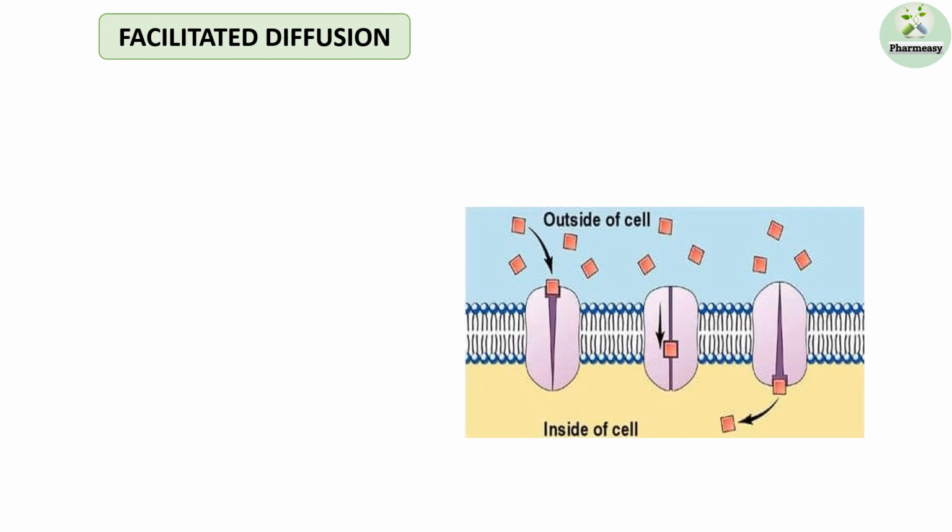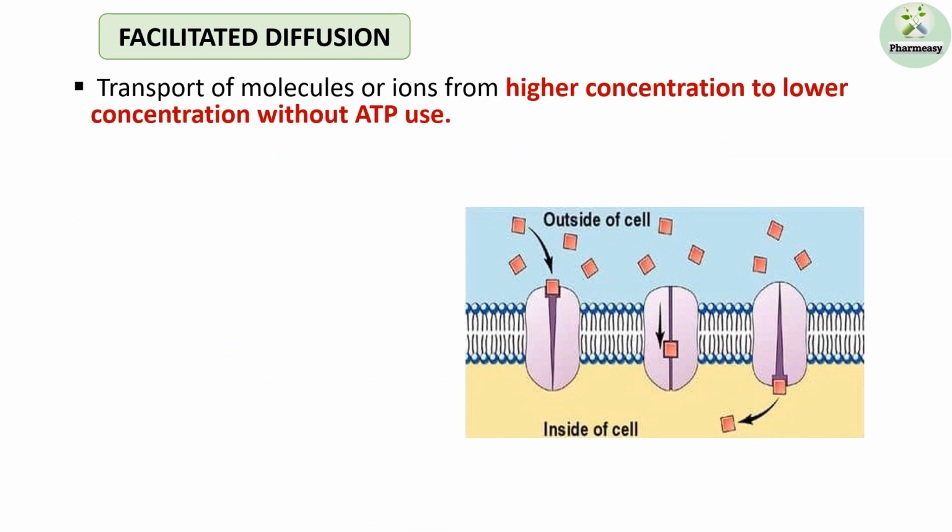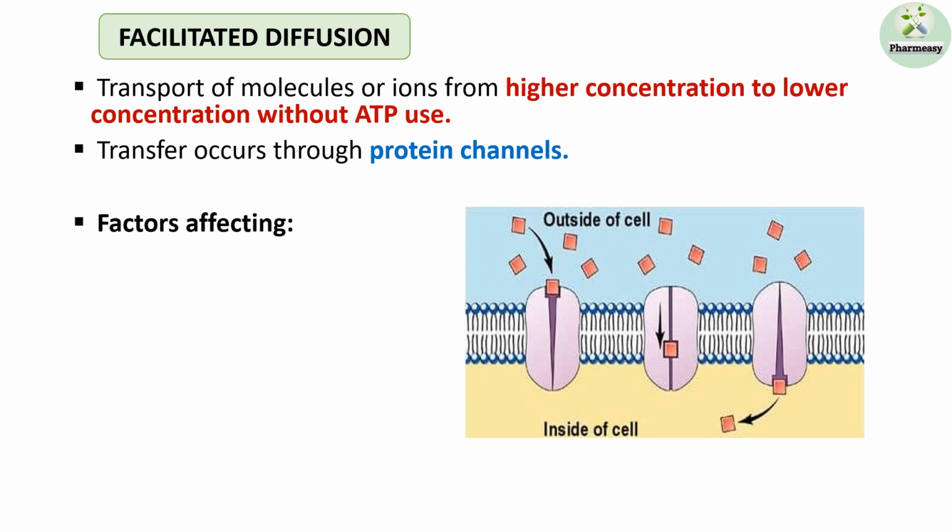Second type is facilitated diffusion. It is defined as the transport of molecules from higher concentration to lower concentration without expenditure of ATP. Transfer occurs through specific protein channels. Factors affecting facilitated diffusion are temperature. As the temperature increases, the movement of molecules increases due to an increase in energy.